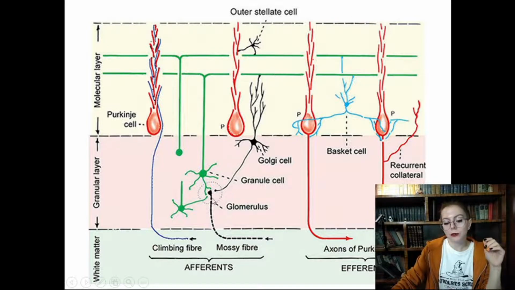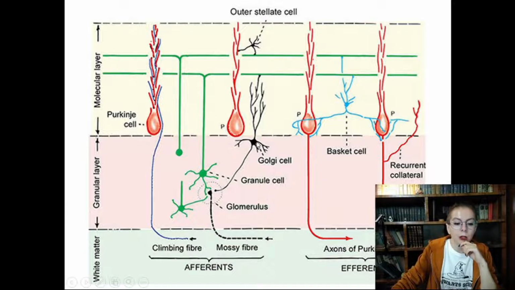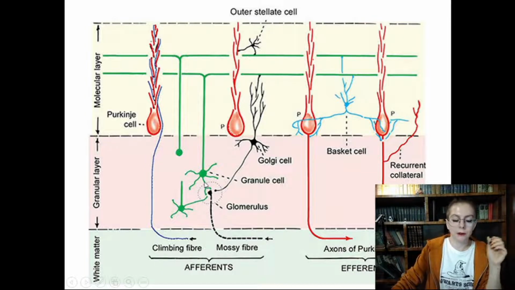So they are put between those two, and they provide negative and positive feedback regulation on this level. Positive and negative feedback regulation. This is the most important function. They have inhibitory action, I remind. So they also could participate in the formation of those glomeruli. But glomerulus means the synapse between the mossy and granular cell.